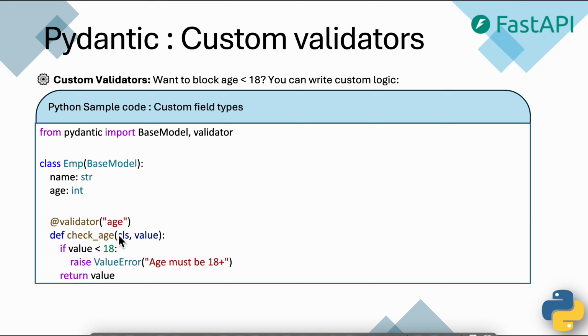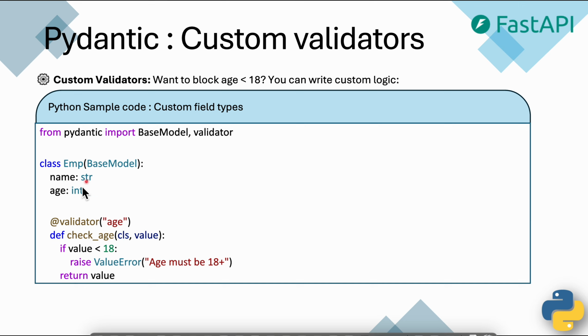Pydantic custom validators. Custom validators, if you want to block age less than 18, you can write a custom logic like below. Python sample code for custom validators. So from pydantic, import BaseModel, comma, validator. Here I am defining another class named EMP, which is derived from BaseModel and has two attributes, name and age.